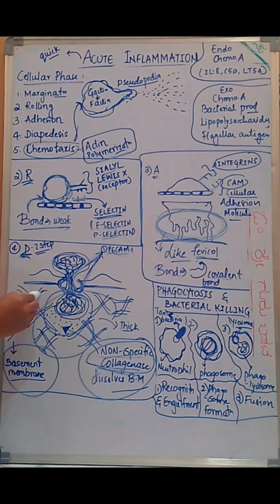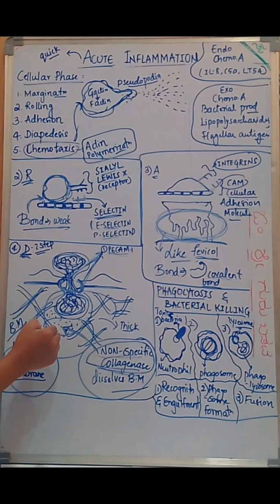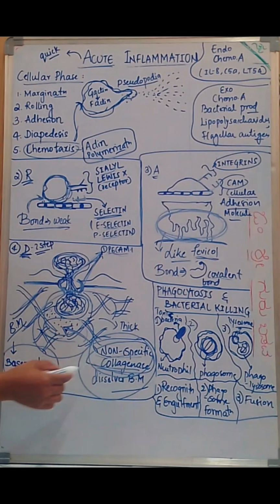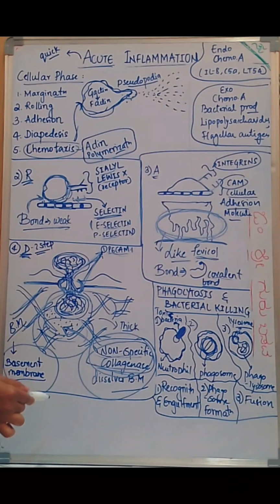And as you can see, beside the endothelial cell, there is a thick basement membrane and there is non-specific collagenase present here. And this non-specific collagenase helps in the dissolution of the basement membrane and helps the neutrophil to come out of the blood vessel.